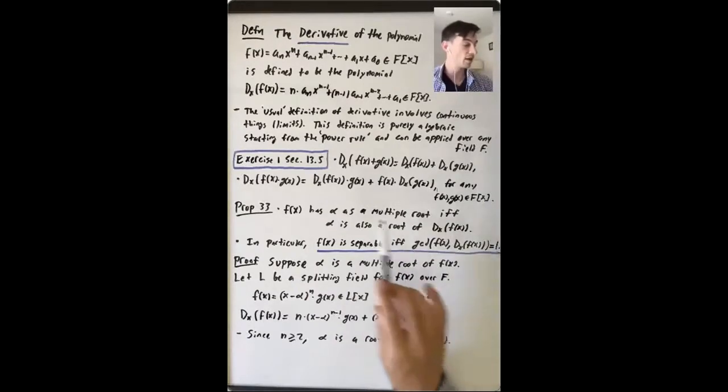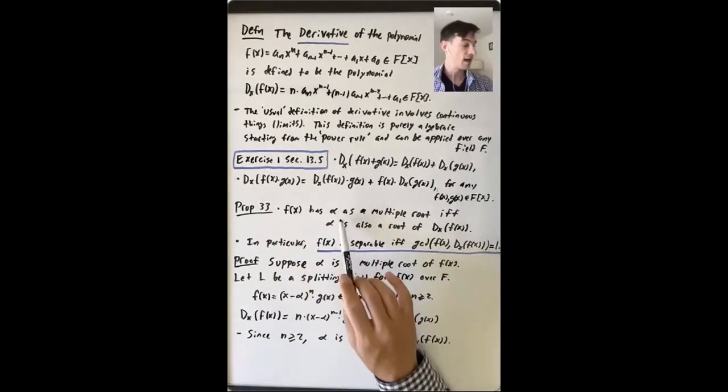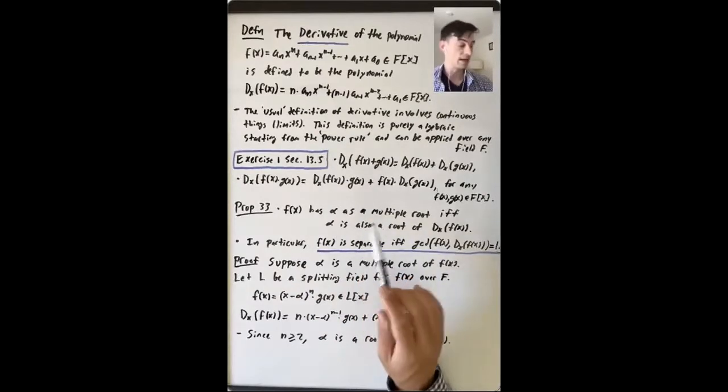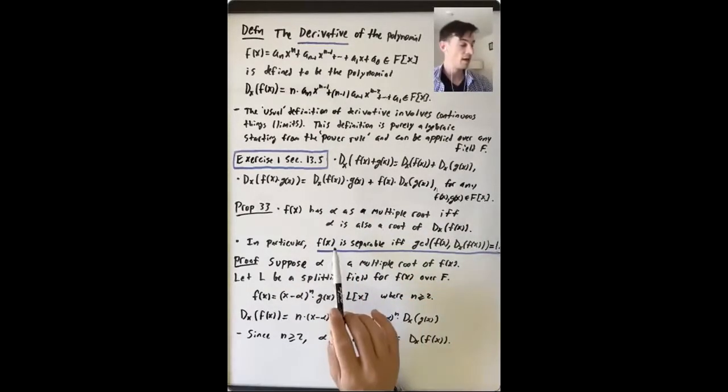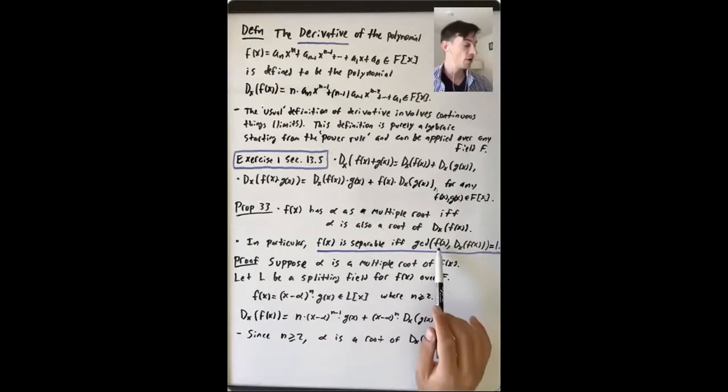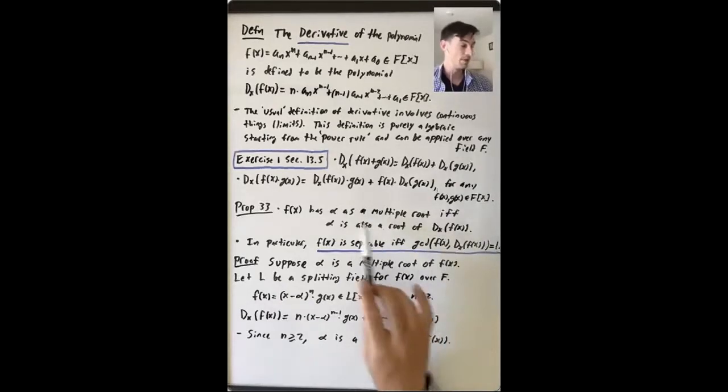So in particular, when does f(x) have no multiple roots at all? That is when f(x) is separable. f(x) is separable if and only if the GCD of f(x) and the derivative of f(x) is 1, that they have no common factor of positive degree. If they had a common factor of positive degree, any root of that common factor would be a multiple root.